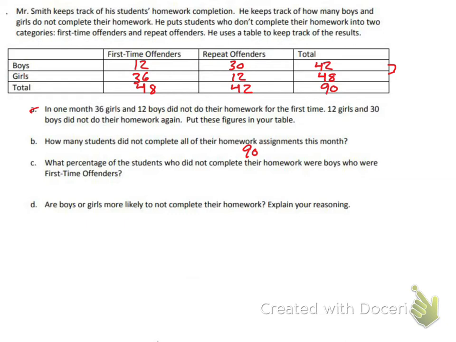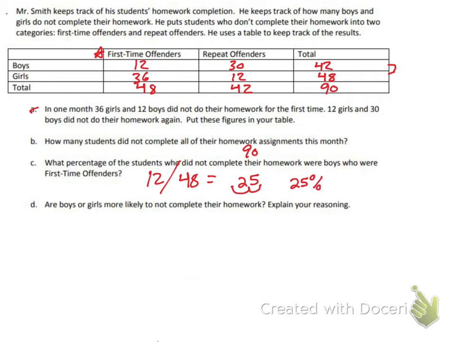The total is 48 and the boys were 12, so you do 12 divided by 48. We get a decimal of 0.25. To make that a percentage, we move it over 2 spots, and you get 25%.